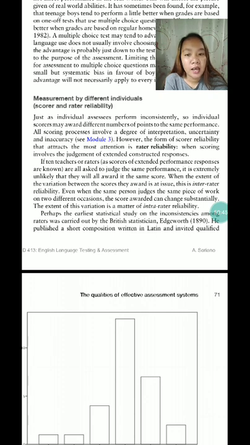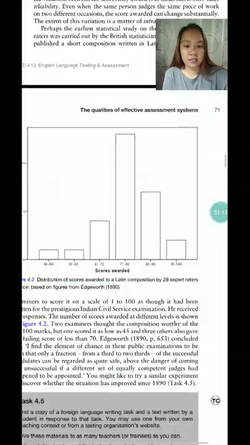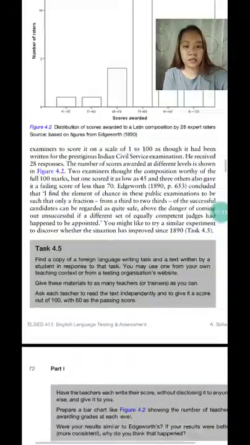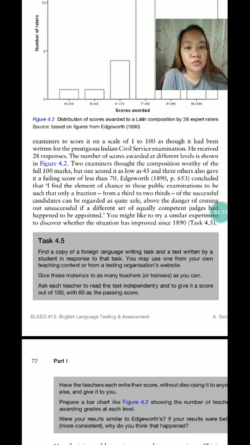Perhaps the earliest statistical study of inconsistencies among raters was carried out by the British statistician Edgeworth in 1890. He published a short composition written in Latin and invited qualified examiners to score it on a scale of 1 to 100 as though it had been written for the prestigious Indian Civil Service examination.